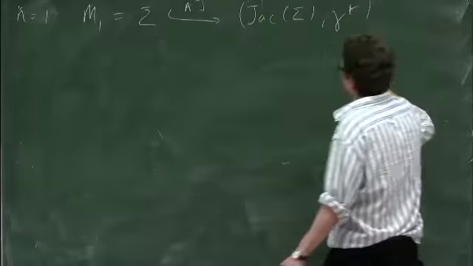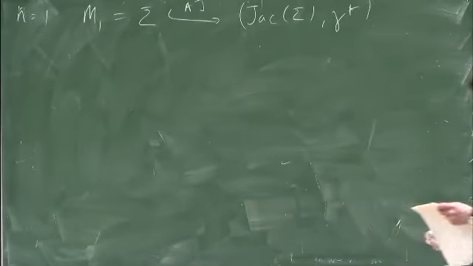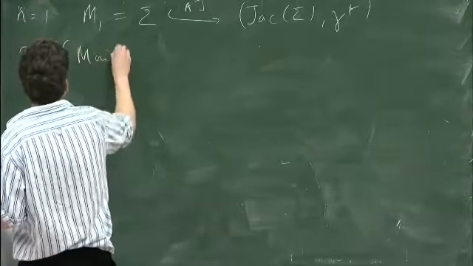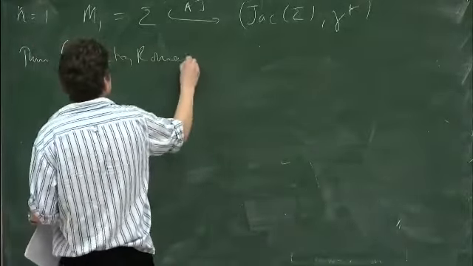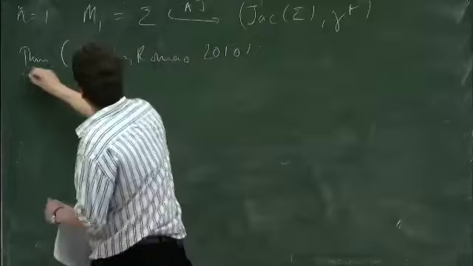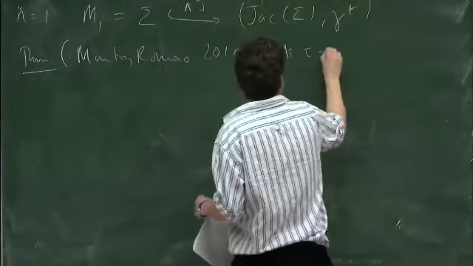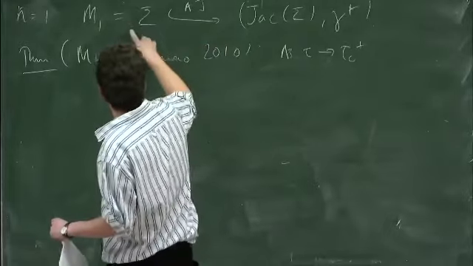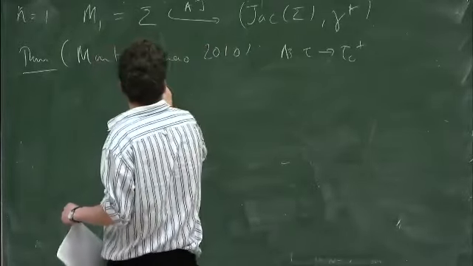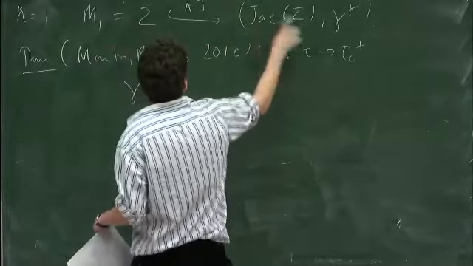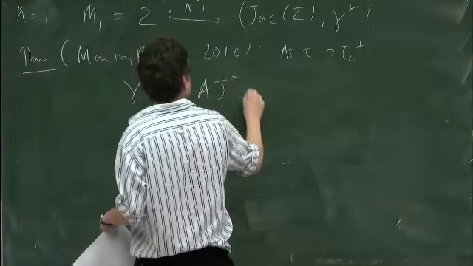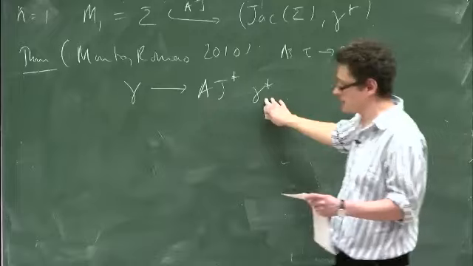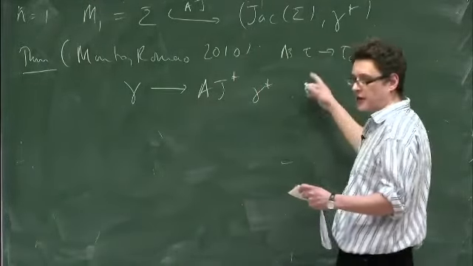Then the theorem, due to Manton and Rink, 2010, is that as tau tends to tau 0 from above, the L2 metric on M1 converges to the pullback of this by the Abel-Jacobi map. So it's equal to this up to corrections of order tau minus tau 0.